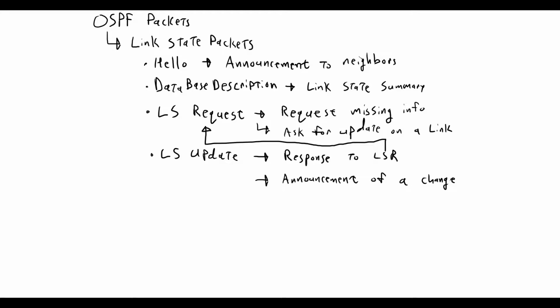And then the last one is our LS ACK, which is what we talked about at the end of reliable flooding in the previous video, where this is how we can verify that who we're sending the packets to actually get them.